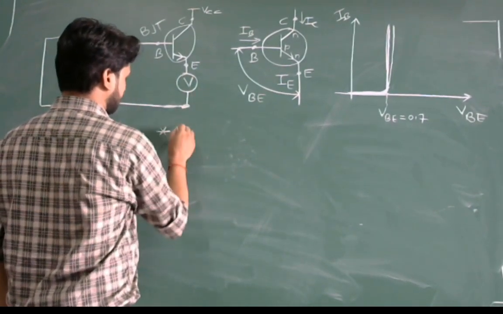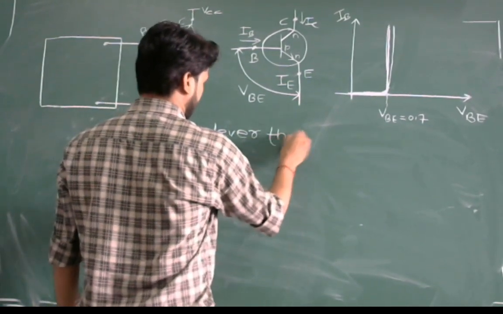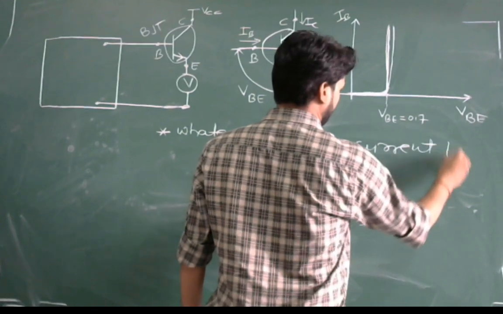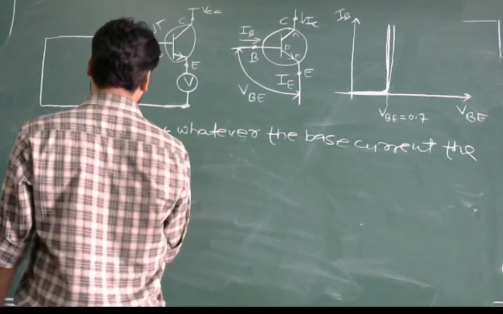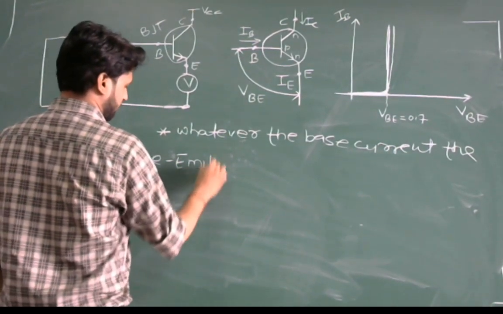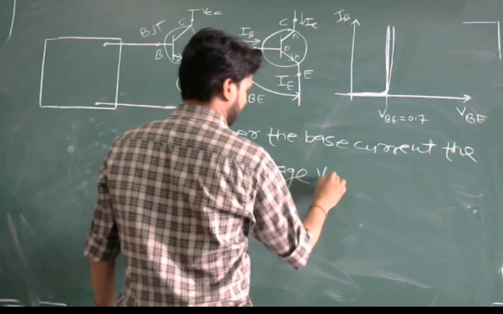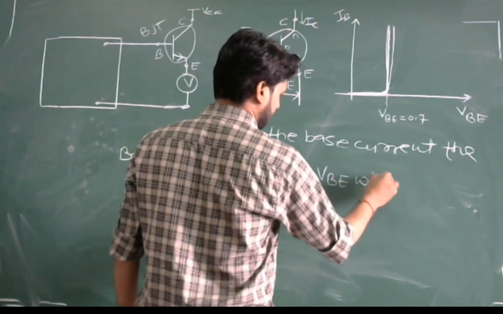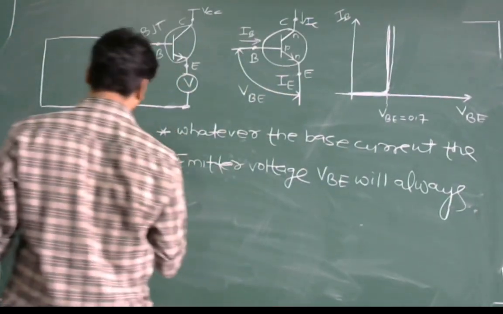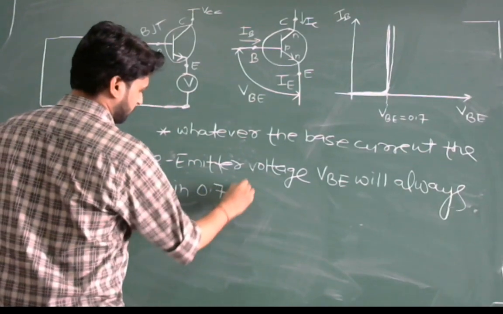One important result from this is, whatever the base current, the base emitter voltage VBE will always remain 0.7 volt.